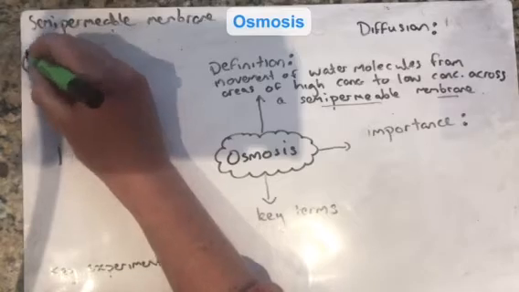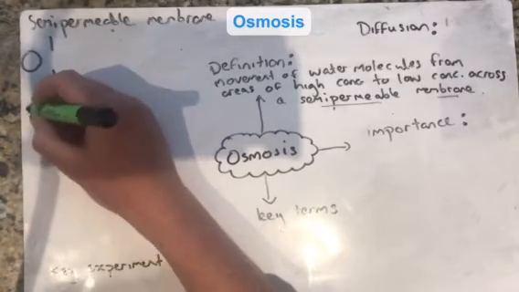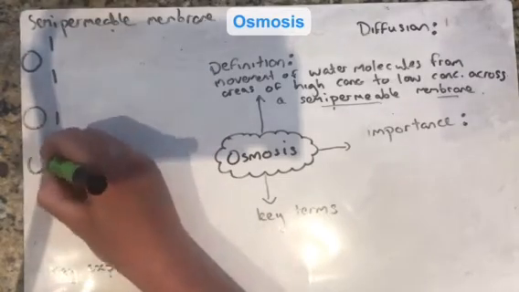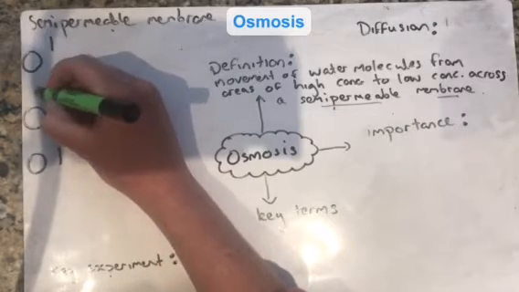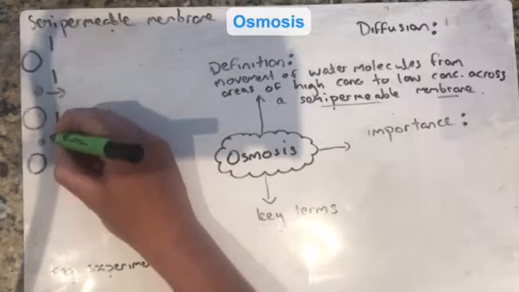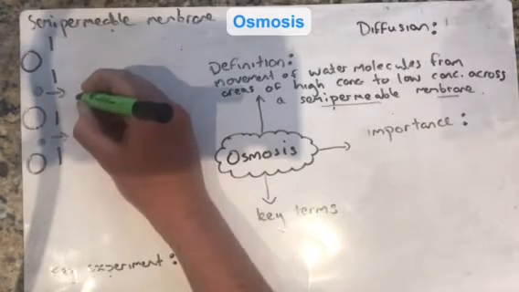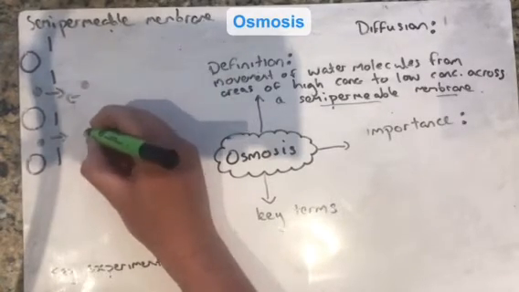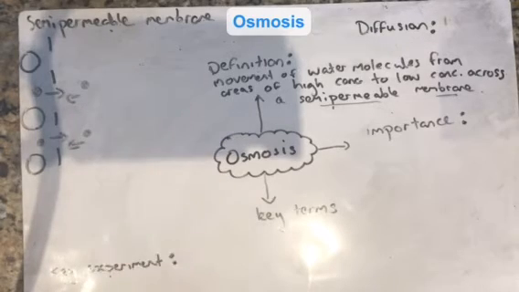So here we've got, this is our membrane here, all right? And these are different particles that are on one side of it, all right? So it's semi-permeable because it only allows these small particles to move back and forth across the membrane. So essentially there's tiny little holes or pores in the membrane, so it only allows the small particles to go through. It won't allow these larger particles to go through.